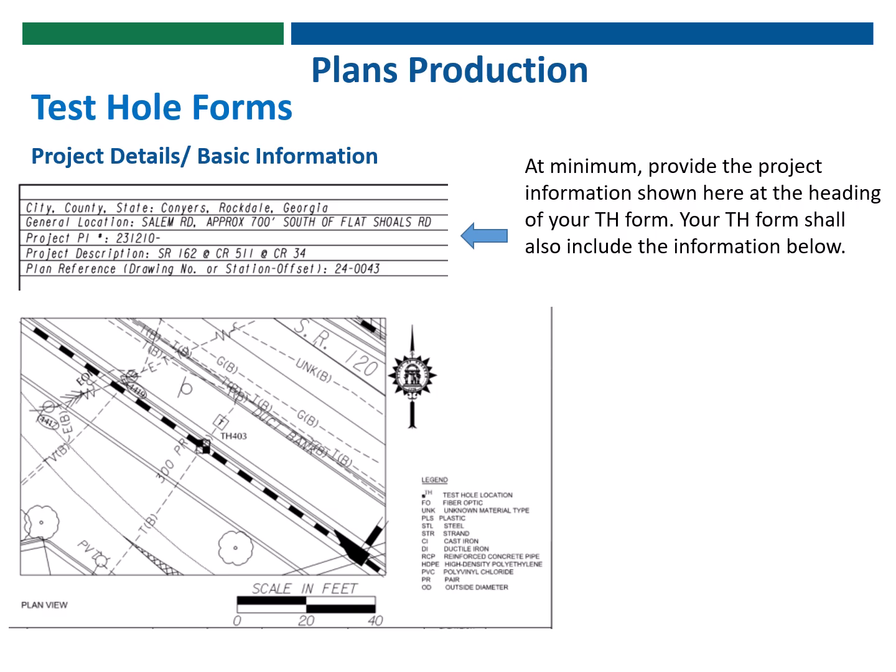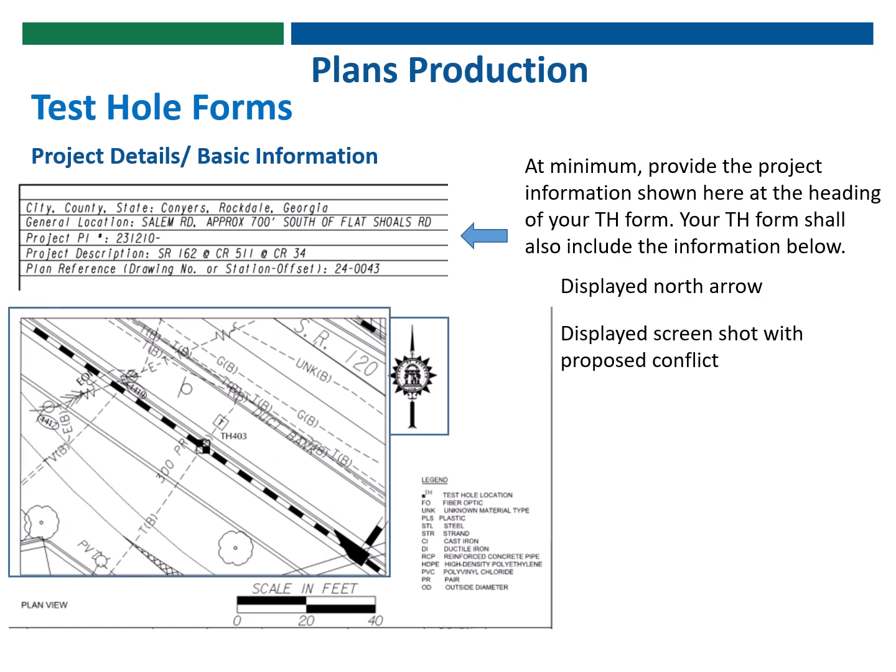Now we're getting into test hole forms. So on your test hole forms, at minimum, at the very top heading of your test hole form, you'll need this information as shown here with the county, the PI number, project description, and a plan reference drawing number. You know, which sheet is that particular test hole form on. You'll also need to display the north arrow, a screenshot showing the proposed conflict.